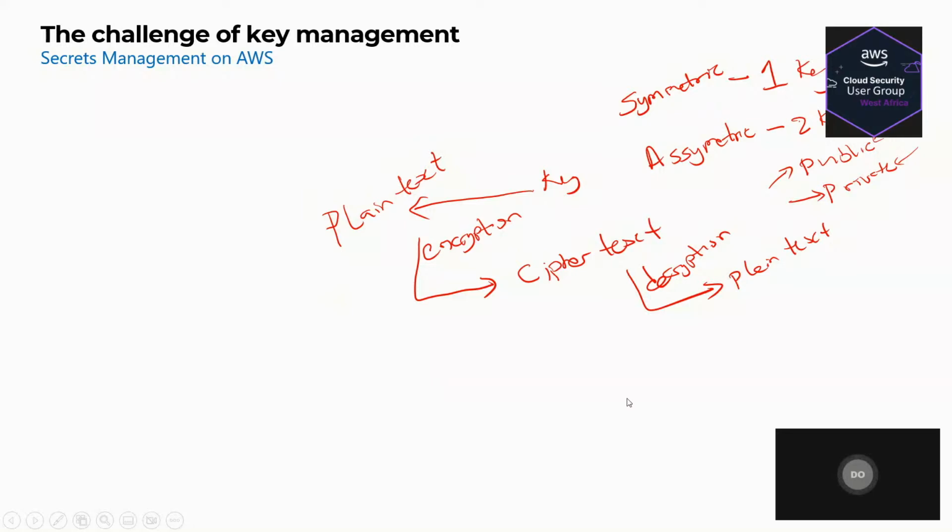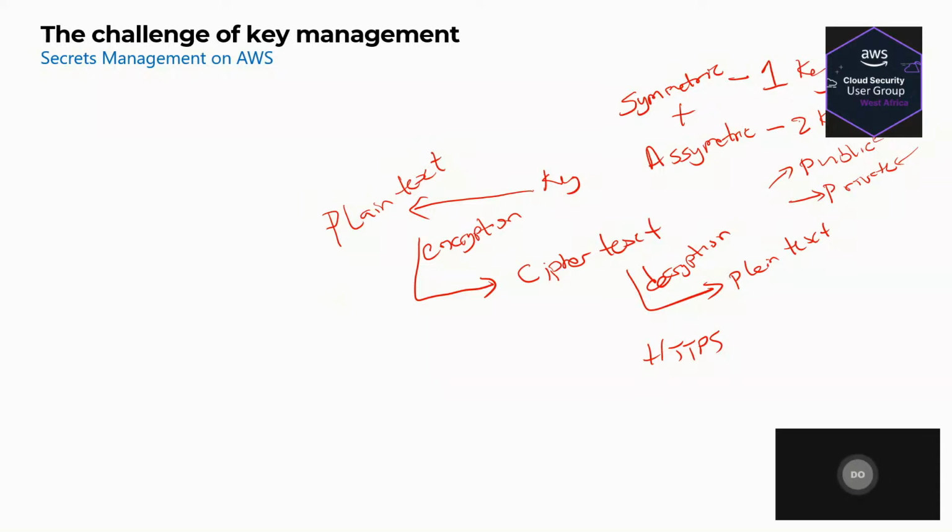And what you typically see is that it's a combination of both symmetric and asymmetric encryption that's used in many scenarios. So, for example, if you've ever gone to a website that's using HTTPS, where you're using TLS encryption, that's using both symmetric and asymmetric encryption.